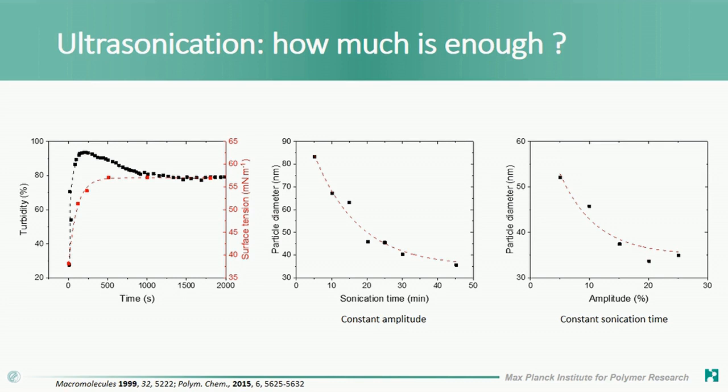The problem is that if you stop your sonication at a short time, or if you use very low amplitude here or there, you're not in this region where the size of the particles is not changing anymore, which means that you have to do the sonication for 2 minutes or 2 minutes, 5 seconds, and if the amplitude changes a little bit, or if any other factor, if the ambient temperature changes, it will change the results that you get. While if you really reach this steady state, then it will be reproducible from one emulsion to the other.